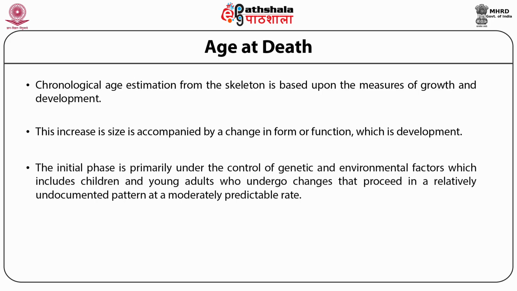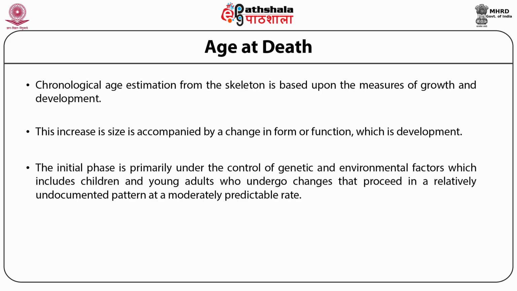The initial phase is primarily under the control of genetic and environmental factors, which includes children and young adults who undergo changes that proceed in a relatively undocumented pattern at a moderately predictable rate.